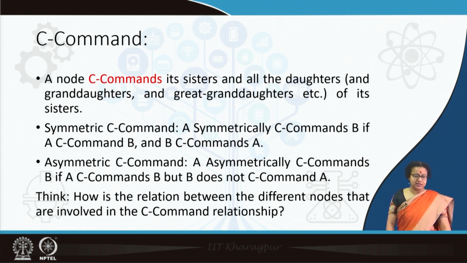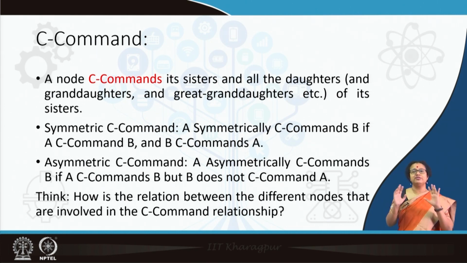So, we learnt about the difference between dominance and precedence. Now, we will come to an entirely new definition, which will be again using some idea of dominance differently. So, this is the idea of C command. C command means constituent command, and we will be talking about the definition of constituent command now. So, we can say a node C commands its sisters and all the daughters.